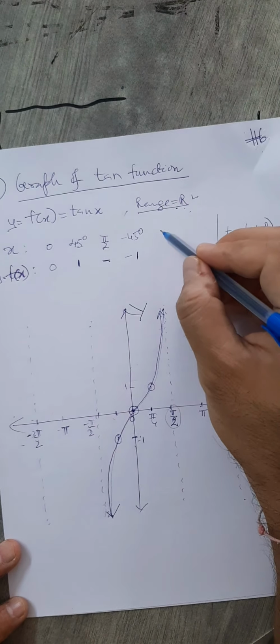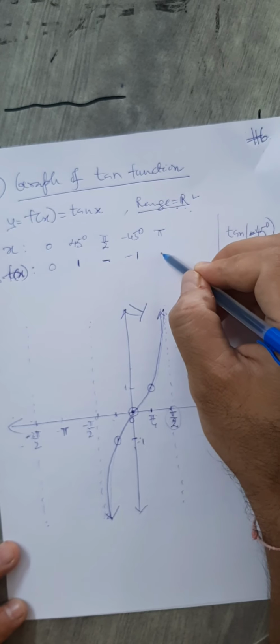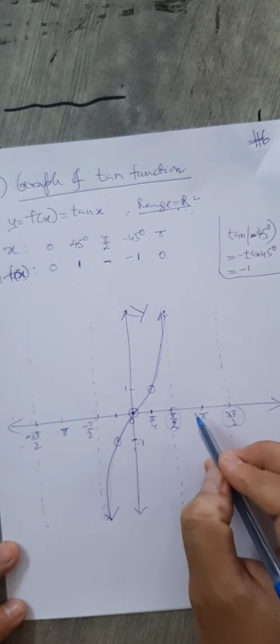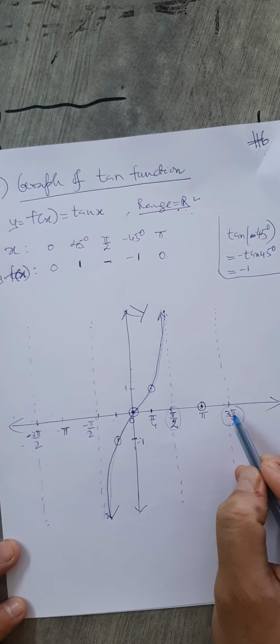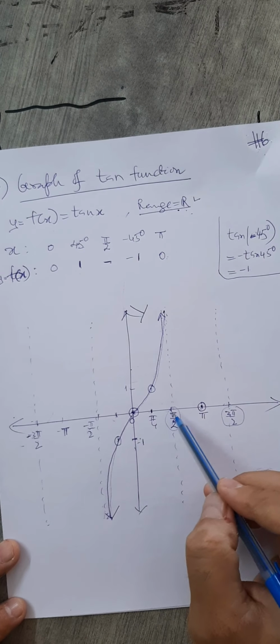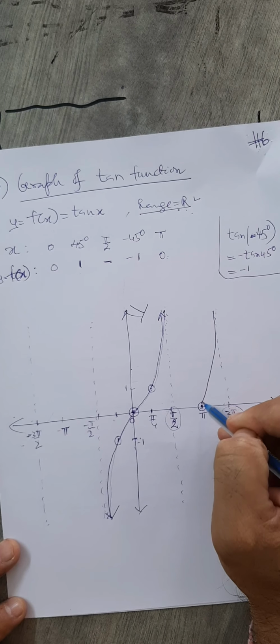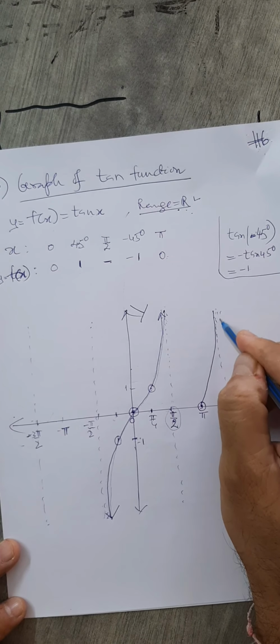Pi, here if I write pi here, tan pi, you can just recall sine pi upon cos pi, so it is 0. So here, at pi it is 0. At 3 pi by 2, it's the same as pi by 2, so it will be very close to this. So like this here.